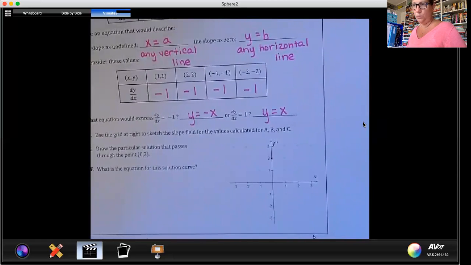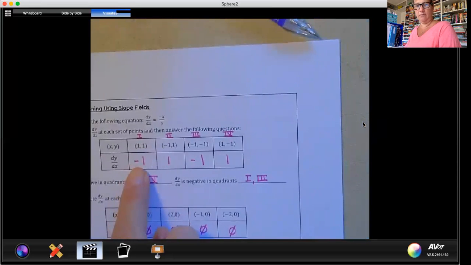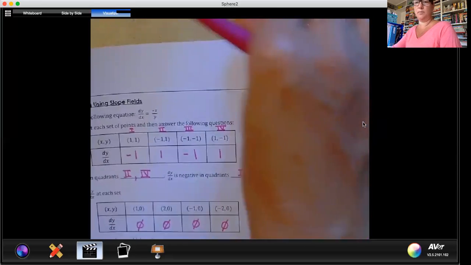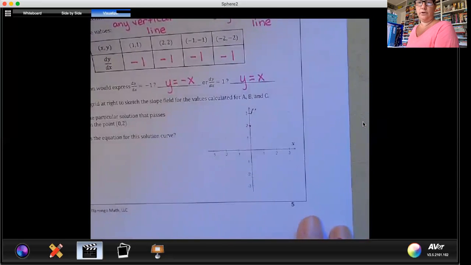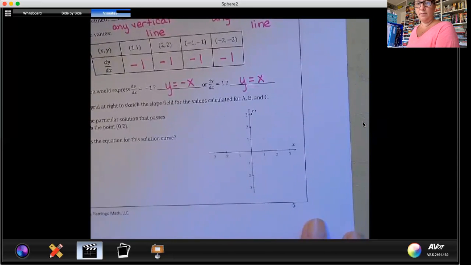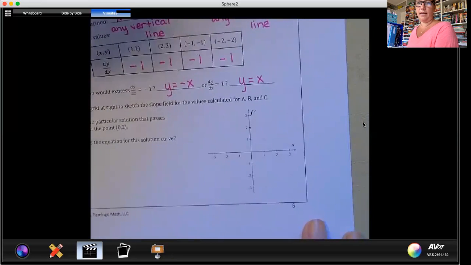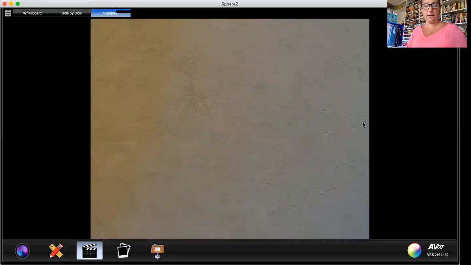At 1, 1, you have a slope of negative 1. At negative 1, 1, you have a slope of 1, etc. So the work is done for you. You just now need to plot your curve. So take just a minute, pause your video, do that, and we'll come right back and show what your answer looks like.